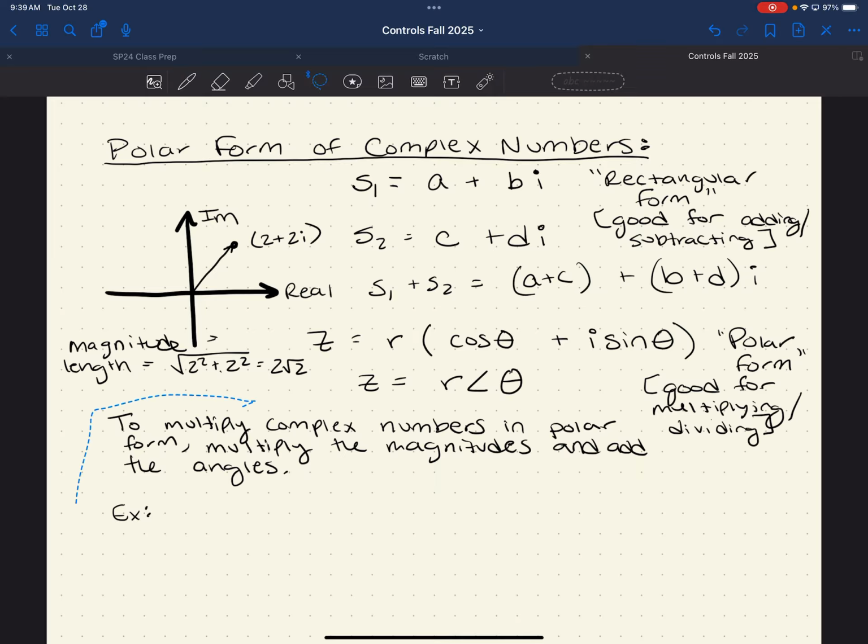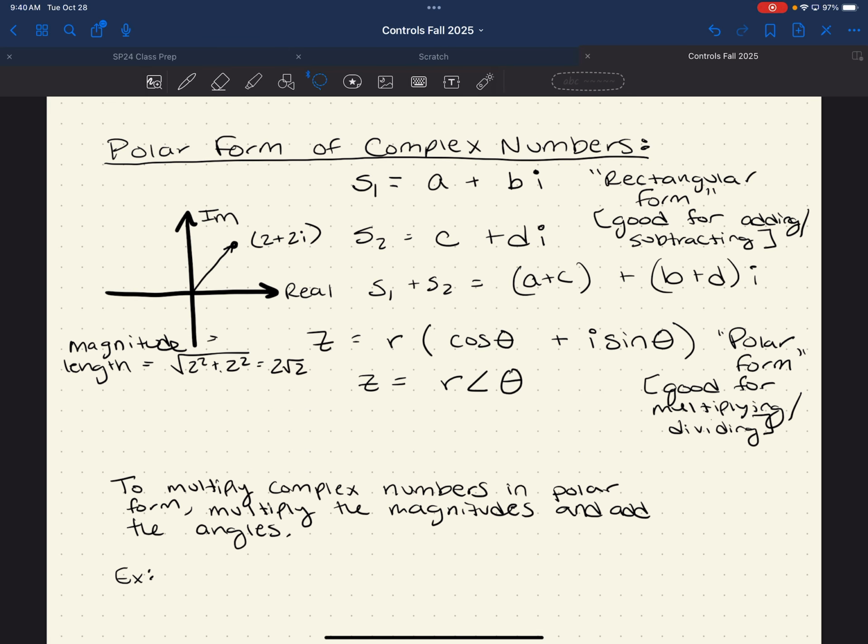And then what do you think the angle is? Yeah, so graphically speaking, the angle of this polar number is this theta here. Okay, so the angle, and if I have legs that are equal in size, what is the angle? 45.